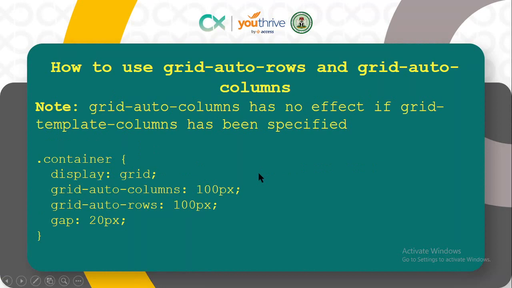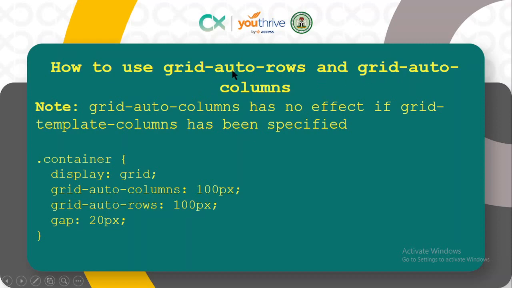How to use grid auto rows and grid auto columns. Now note, grid auto columns has no effect if grid template columns have been specified, and as you can see from this example, there is no grid template columns. But what is the work of grid auto rows and grid auto columns?